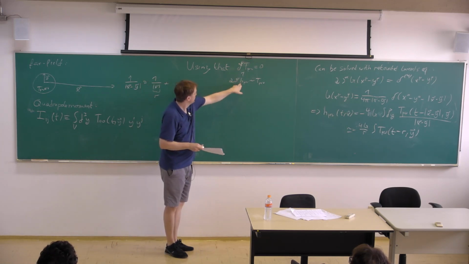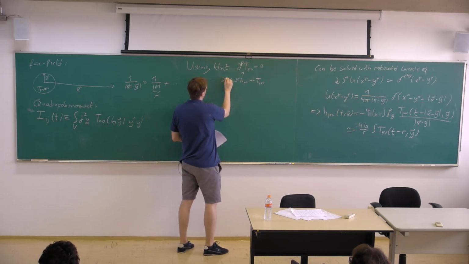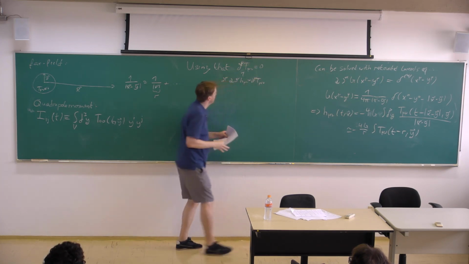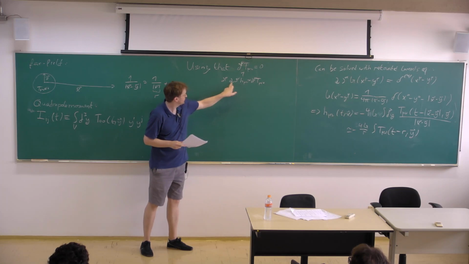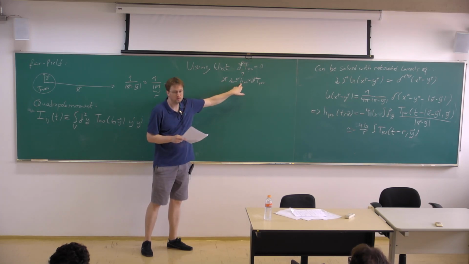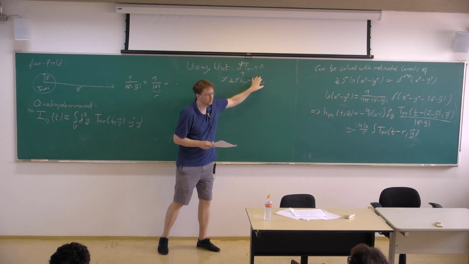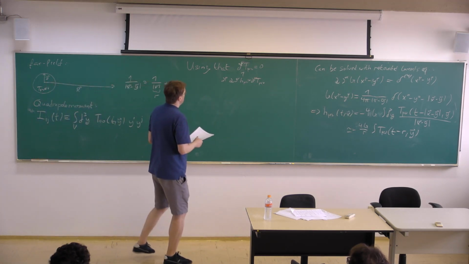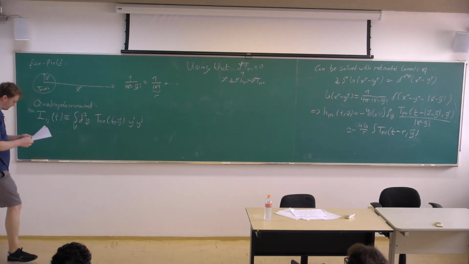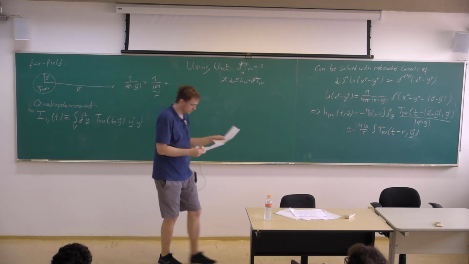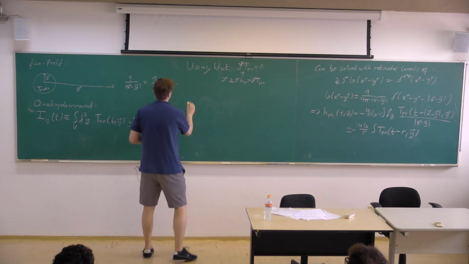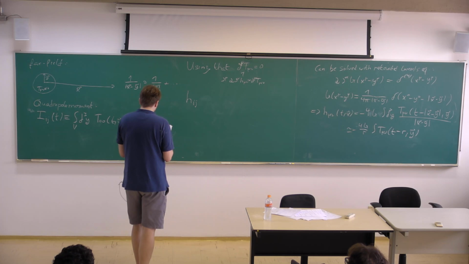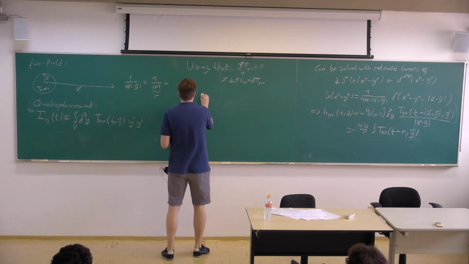Now you act with the derivative on both sides, and use the fact that we chose a gauge where d mu acting on h mu nu is 0, so you see that this side is 0. Use this, and also partially integrate a couple of terms, and then you can show the following relation. I'm focusing on the spatial components of the metric, because these are the components that give you the gravitational radiation.